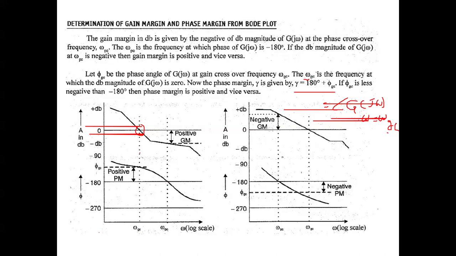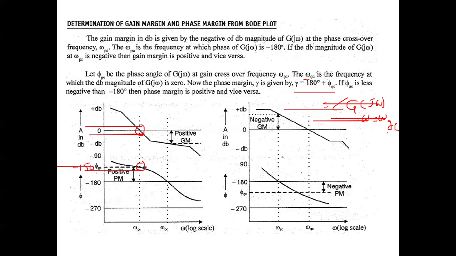Then this line will touch the phase plot at some point, right? For example, if you see this, it will touch the phase line at some point. It lies between minus 90 and minus 180. I can think that it's, for example, minus 150 degrees.